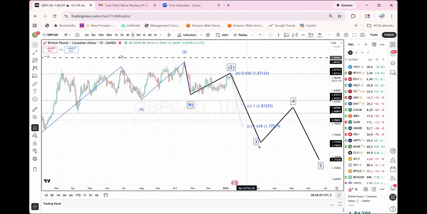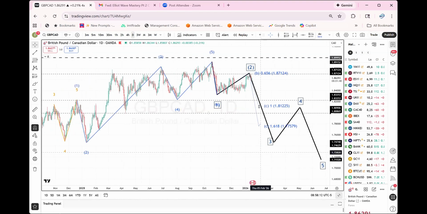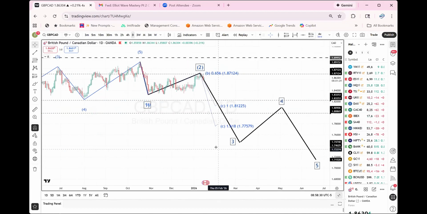You do that, this is going to reverse completely. And your probabilities, if you do break this 127 and this baseline, you have high probability to retest this whole entire low here, which is huge. Because if you look at the number of pips from here to here, that's 1,000 pips. Okay. So this is your forecast for this.